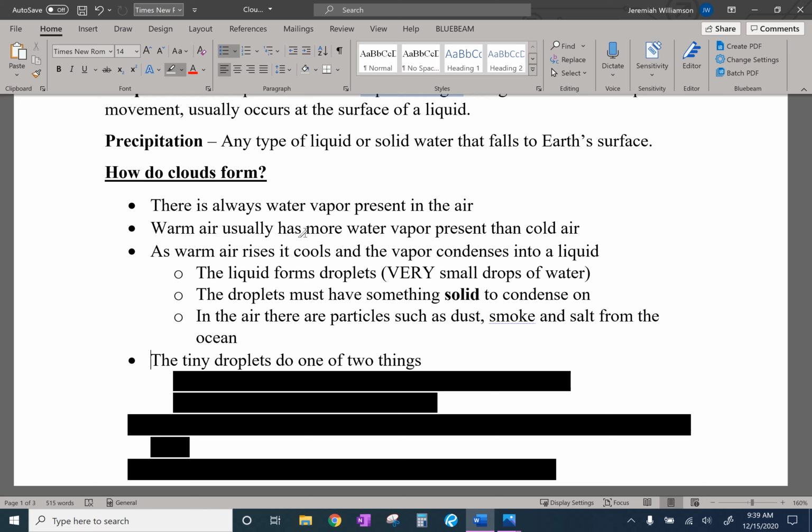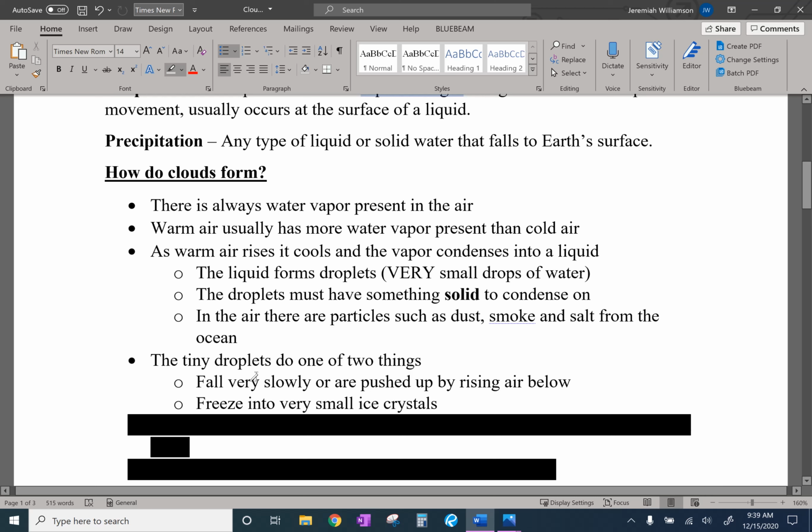And then as that warm air begins to rise, it gets cooler because it gets farther away from the ground, and that vapor then kind of begins to condense together. And then it forms droplets, and those droplets start to condense on the dust, smoke, salt, things like that that are floating around in our atmosphere. And then that forms these tiny droplets. And then these tiny droplets do one of two things.